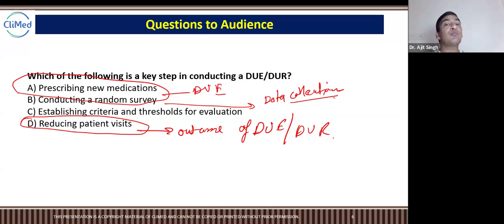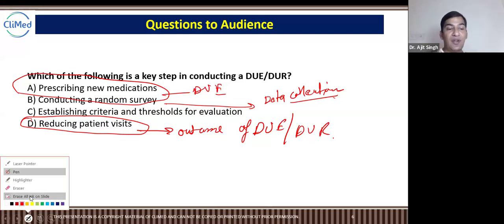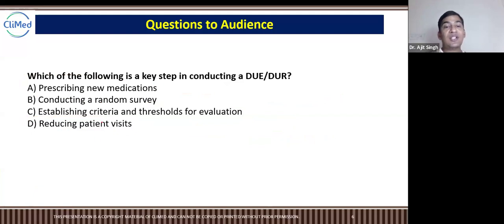So there are multiple methods. Random survey is one of the methods, but it is not a key step.